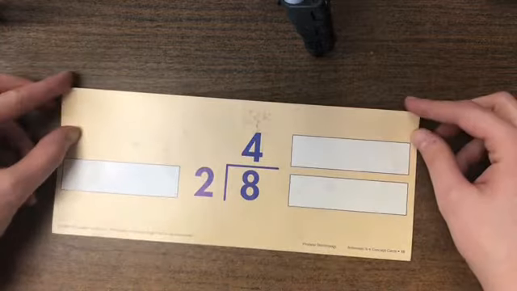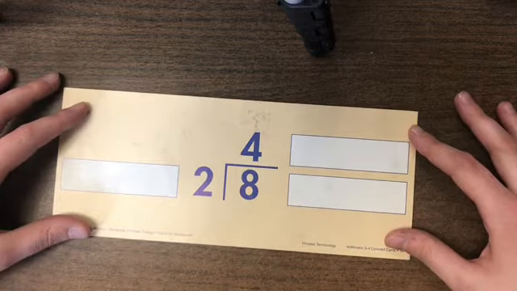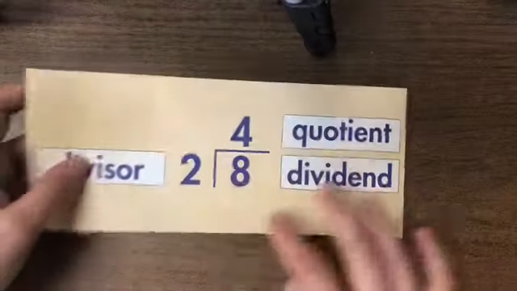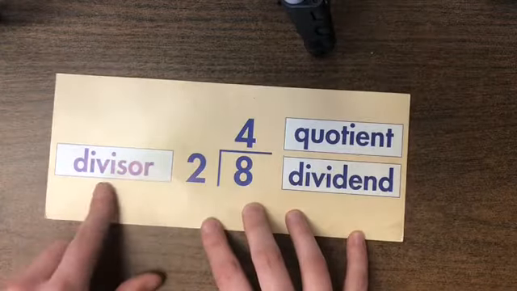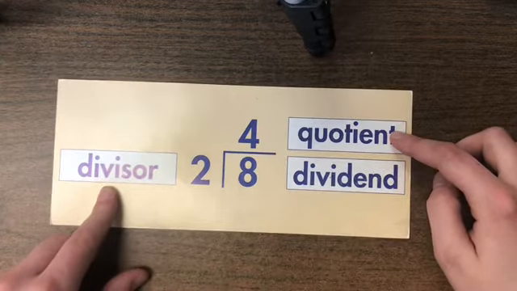And the final one for today, for a division problem, what are the names for each of these three spots? That's right. We've got our divisor, dividend, and our answer for the problem is the quotient.